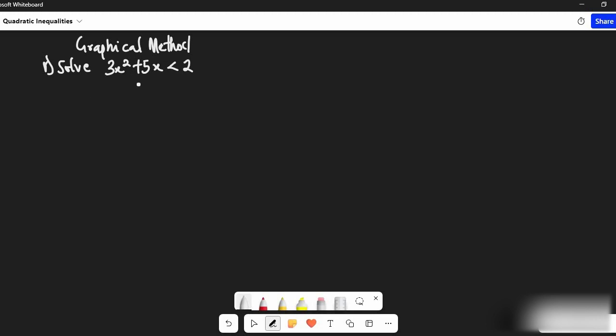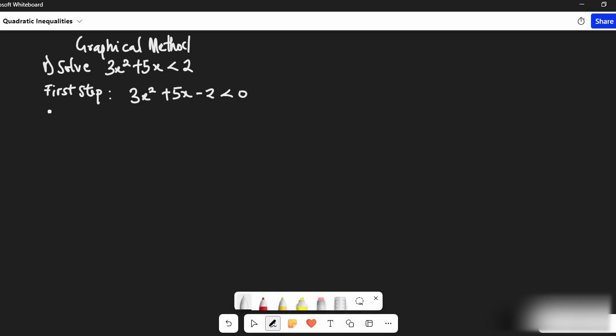So this is the first example, and we're to solve this using the graphical method. So the first step is to write it in the standard quadratic form. That is 3x squared plus 5x minus 2 is less than 0.